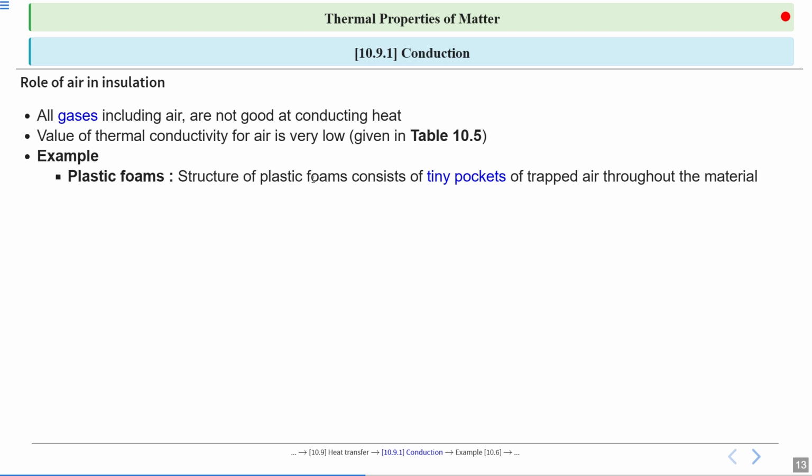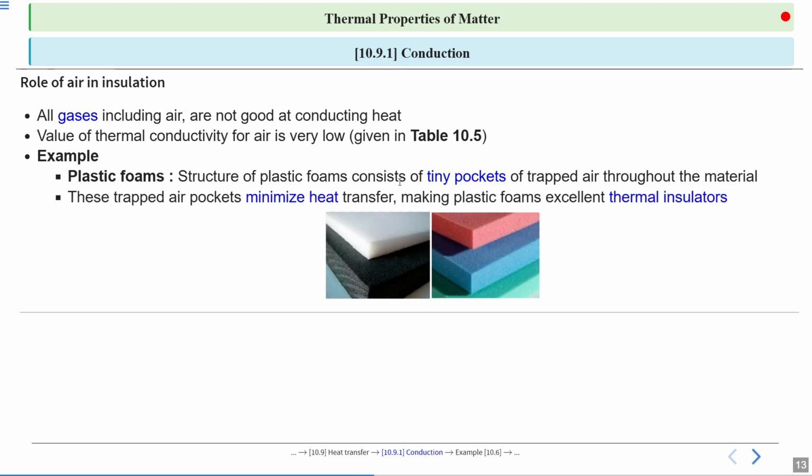The structure of plastic foams consists of tiny pockets of trapped air throughout the material. So the trapped air is not responsible for conductivity. These trapped air pockets minimize heat transfer, making plastic foams excellent thermal insulators. So from this discussion, we can say air is not a good thermal conductor.